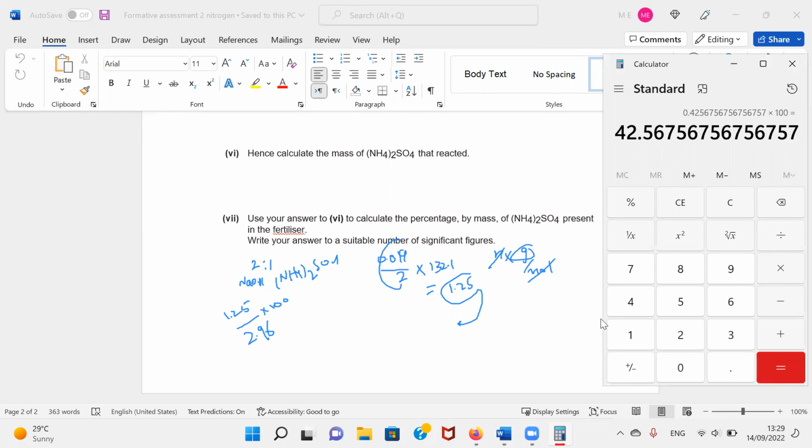So it is basically 42.5. Write your answer to a suitable number of significant figures. So basically you can say 42.6. In this case, you can round it up. And that's it. I hope it was useful, and I'll see you next time.